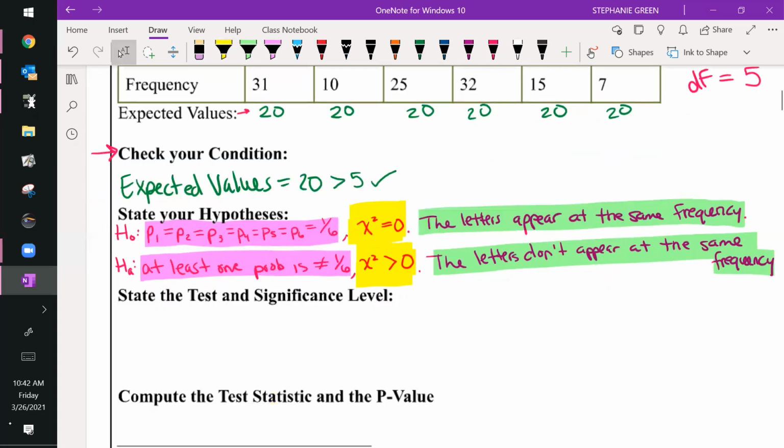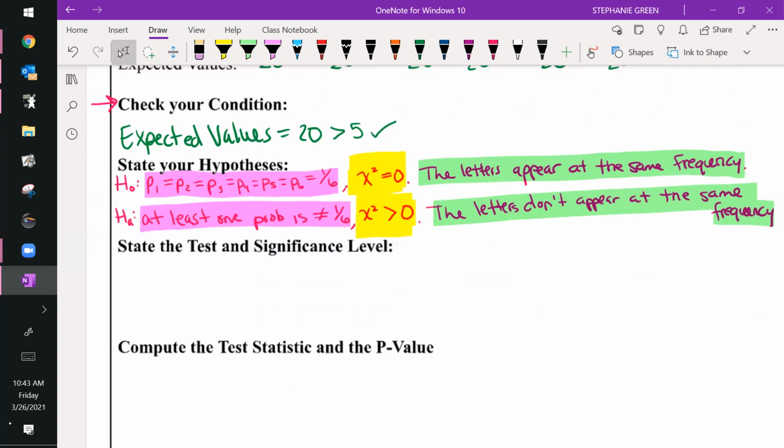All right, so next step, as always with significance tests, we're going to state which test we're going to perform and what our significance level is.